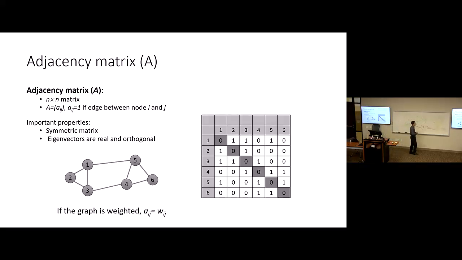If you don't put 1 here, you can see this is a strongly connected pair between 4 and 6, maybe 2 or 2.5 times stronger than the rest of them. So you can put 2.5 for 4 to 6, something like that. So this can be a weighted matrix.